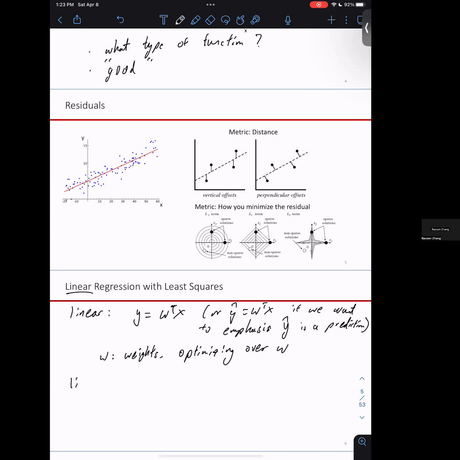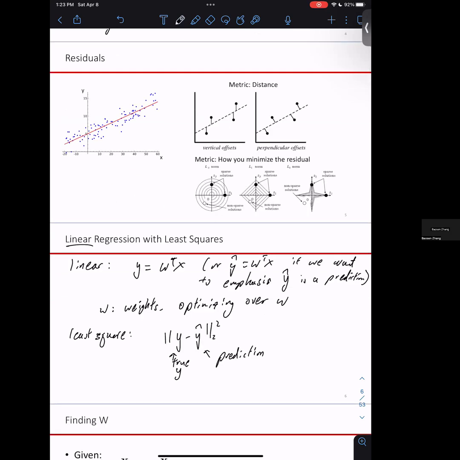So the least squares prediction is you're trying to minimize this. This is the true y, this is the prediction, and you're trying to minimize this squared error, as small as possible.